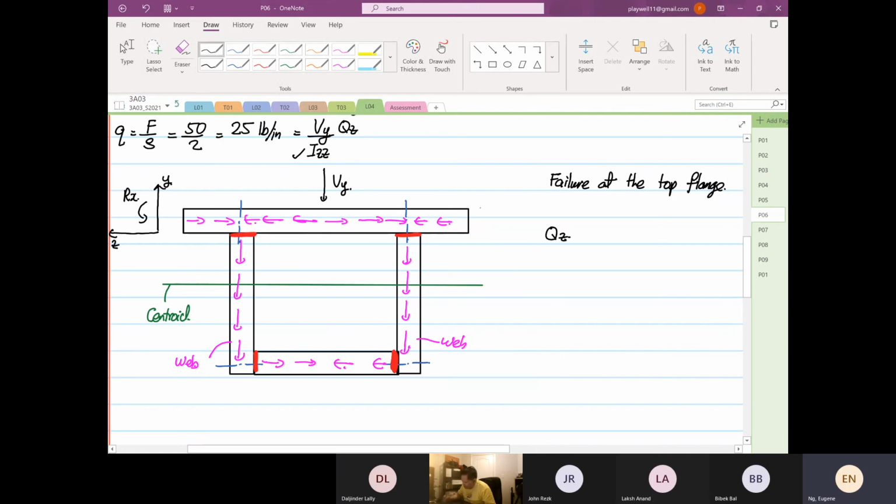The analysis starts from where? Start from Y max. Right, so this is our Y max, and this is your analysis direction.